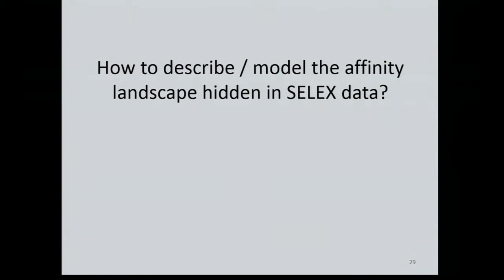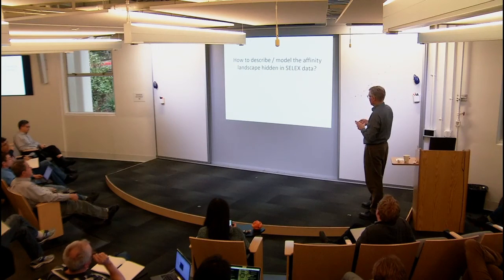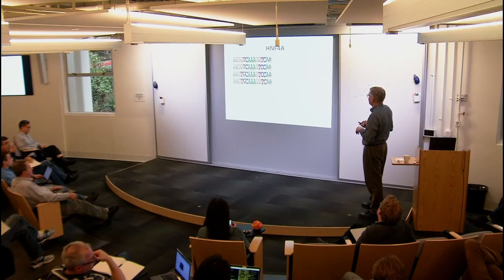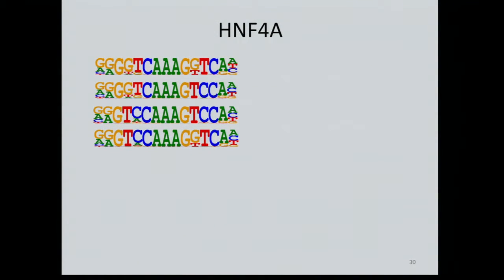Okay. Yeah, a few words about how to describe the affinity landscape hidden in this large SELEX data. So for this, our friend HNF4, I don't know how we got these seeds, but anyway, we used 4 seeds.